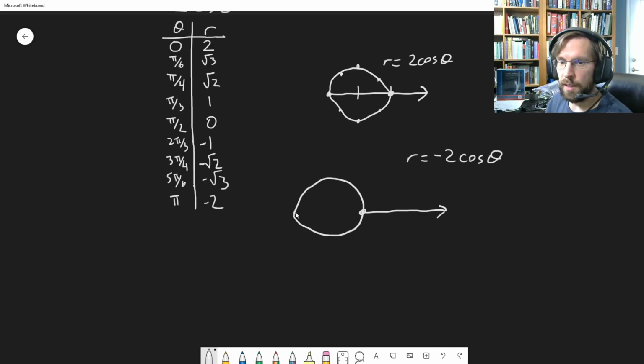And again, our diameter here is 2. So rather than the radius of the circle being 2, the diameter of the circle is 2.